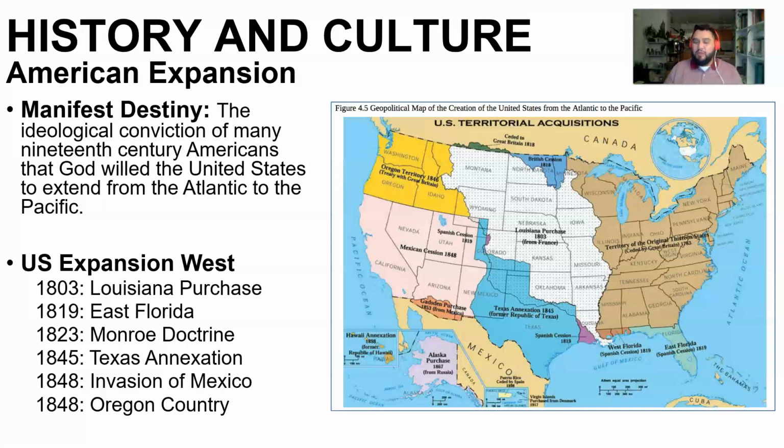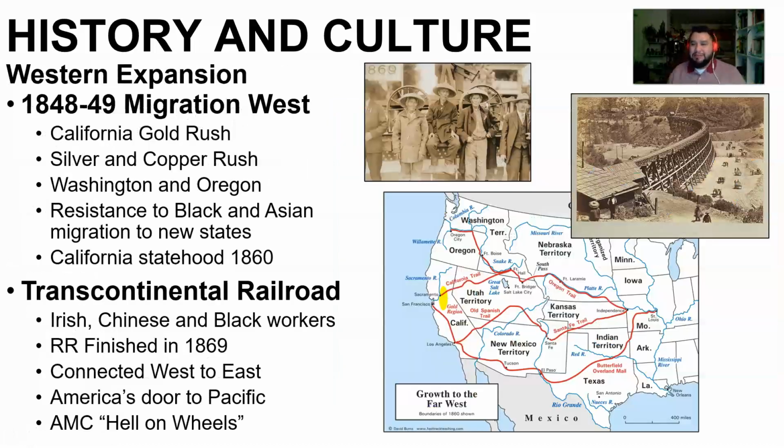But this is the beginning of what is going to be the American invasion of Mexico, in which Mexico and the U.S. go to war, and Mexico is going to lose large sections of northern Mexico, what is going to be California, Nevada, Arizona, New Mexico, etc.